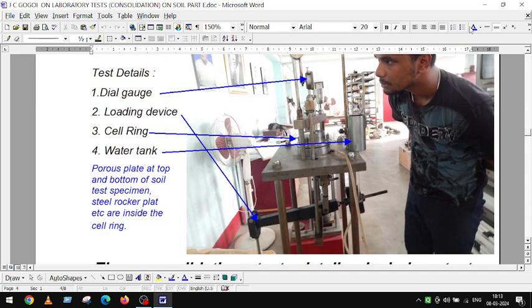See, this is the consolidation arrangement. This is the consolidation machine, this is the dial gauge, the ring where soil is there, and this is the water tank, this is the loading device.